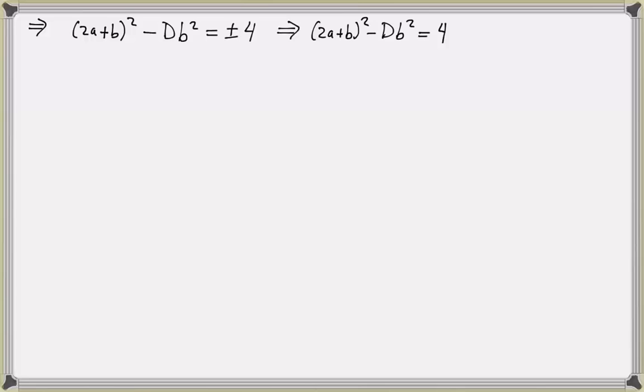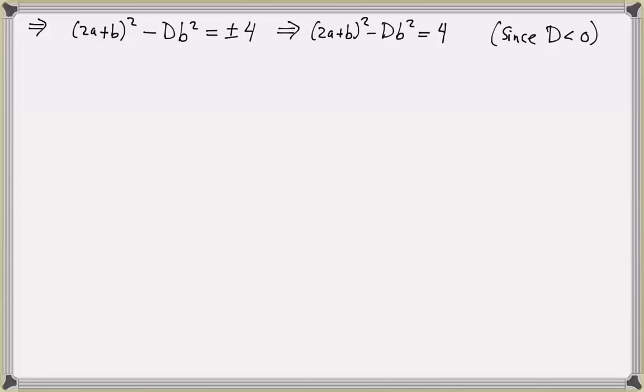Again, this follows because capital D is negative. So now let's consider possible solutions to this last equation, (2a plus b) squared minus capital D b squared equals 4.